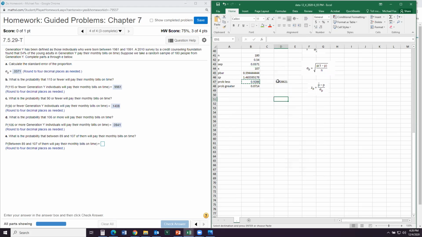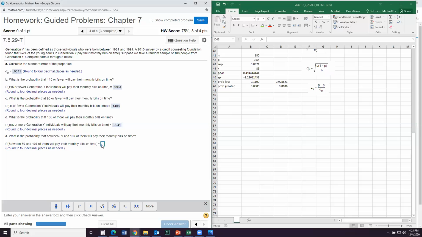Then I'll put in 89 for the X. That gives me the probability that it's less than 89. So if I take the probability that it's less than 107, subtract the probability that it's less than 89, that's going to give me the probability of it being between the two, which is 0.8186.